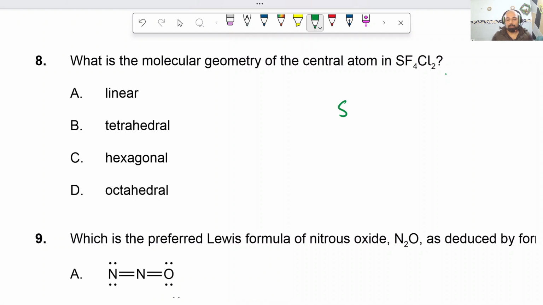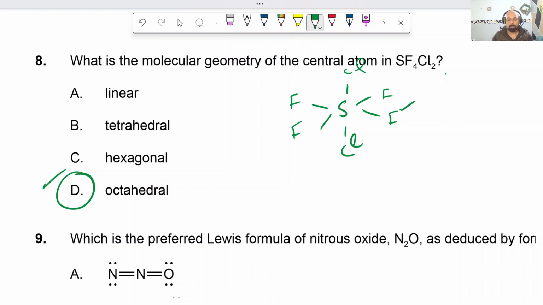Whenever the central atom is linked to, let's say, 6 other atoms, like we have fluorines and we have chlorines, then the geometry over here is octahedral. Right? So whenever it is linked with 6 different atoms, the geometry is going to be octahedral. This is octahedral geometry.